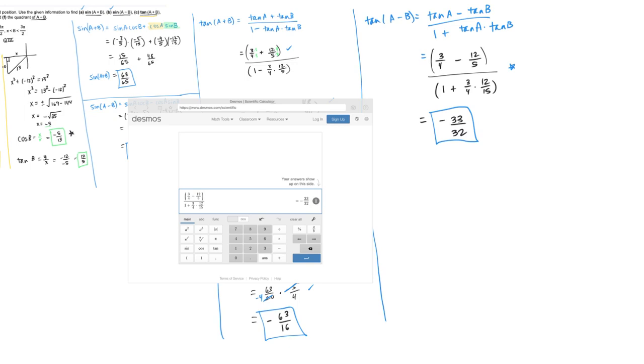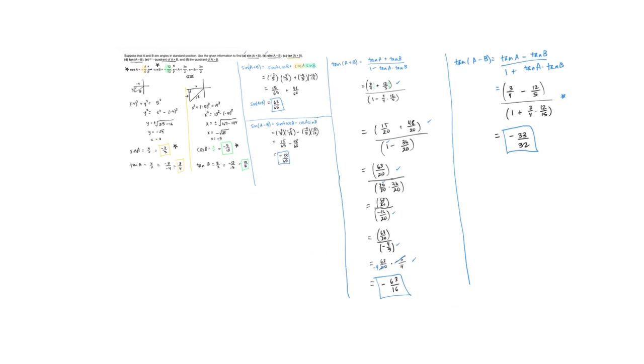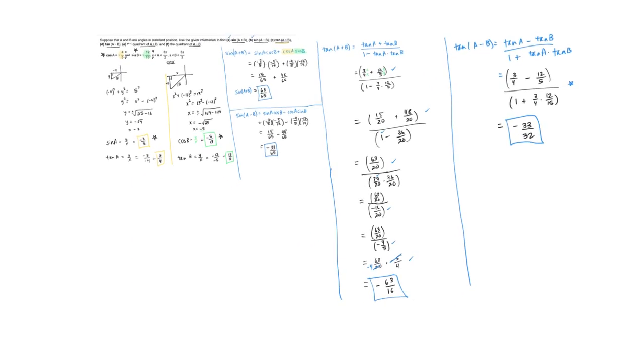Okay, so now we've done all that hard work, and now we can figure out our quadrants. So let's see. We have an angle A plus B, okay? Sine is, let's see, sine right here, sine is positive, and tangent of A plus B is negative.